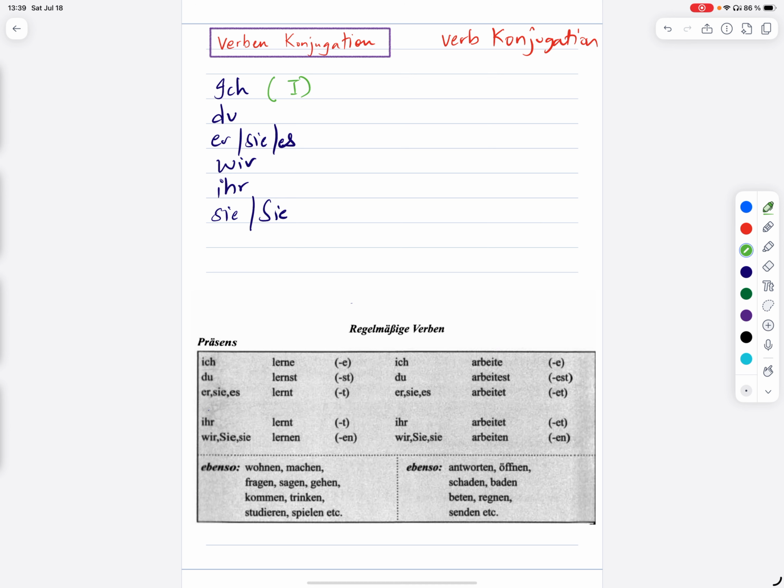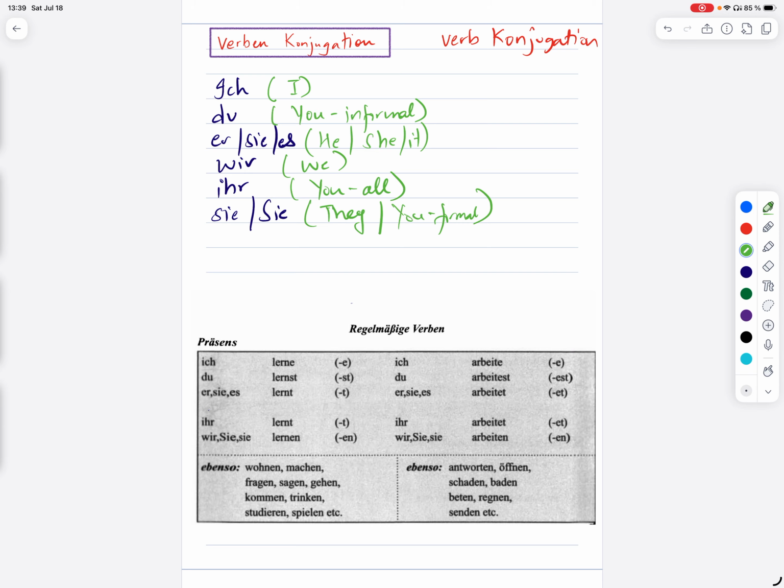Ich is I, du is you, an informal way of saying you, and then we have he, she, and it. Then we have wir, which is we, and ihr, the plural form of du, and then sie, they, and then Sie with a capital S, which is the formal you.